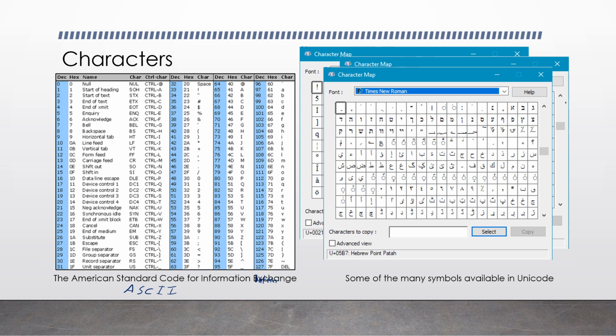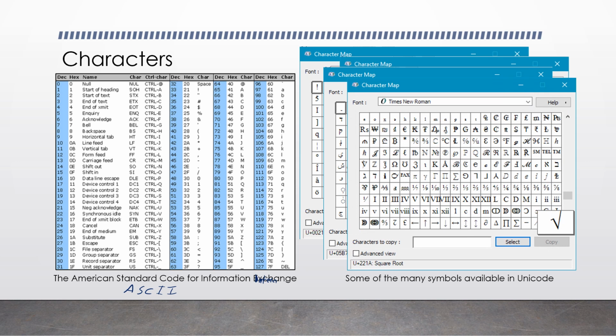That Arabic letters are different at the start of a word and the end of a word. And it can include all sorts of mathematical and currency symbols and arrows pointing this way and that. And so there's a huge number of symbols you can now store in 2-byte Unicode.